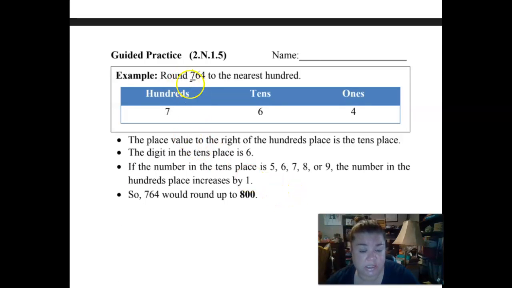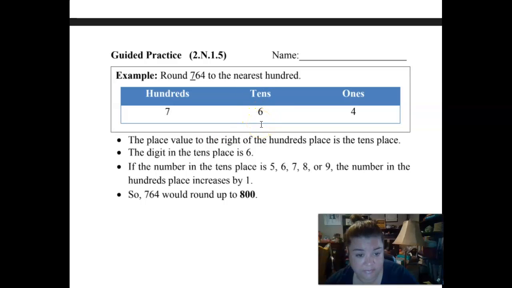So look at this number, 764. And we're going to round to the nearest 100. So we have 7 in the hundreds place, 6 in the tens place, 4 in the ones place. It wants us to round to the nearest 100, so we find the hundreds place. That's right here. And then we go to the right of the hundreds place, which is the tens place. And what number is in the tens place?